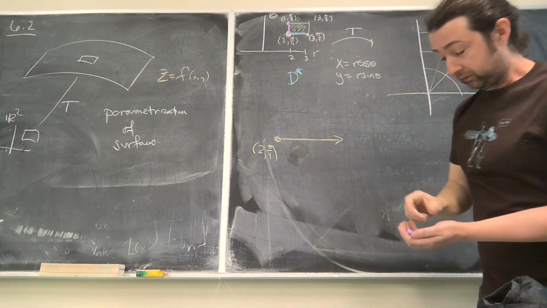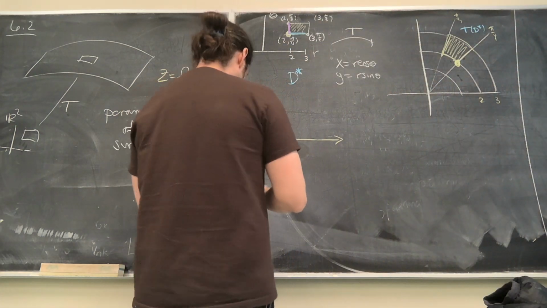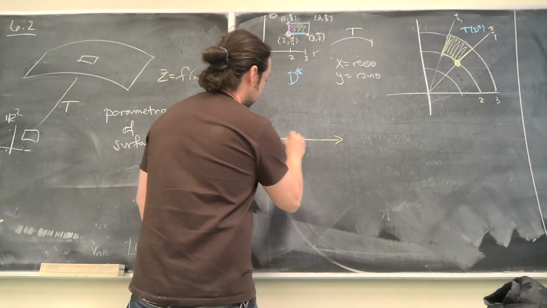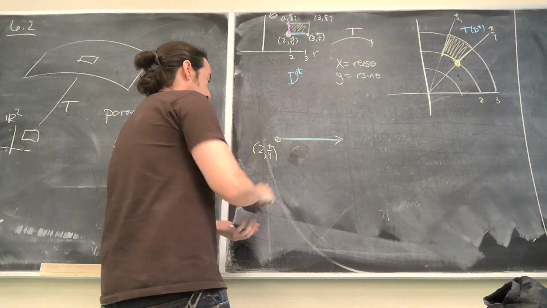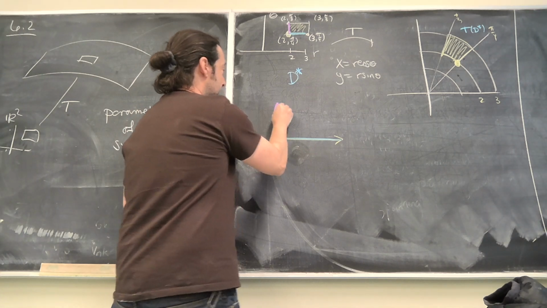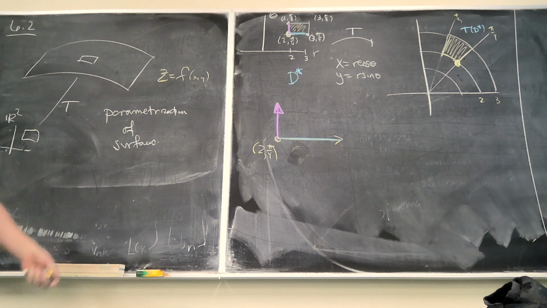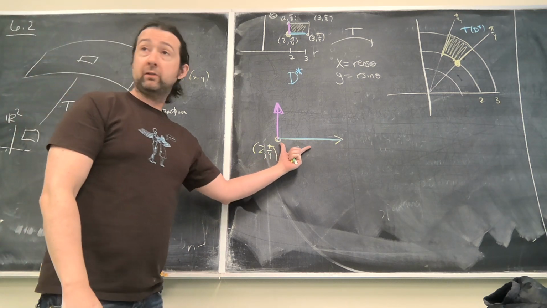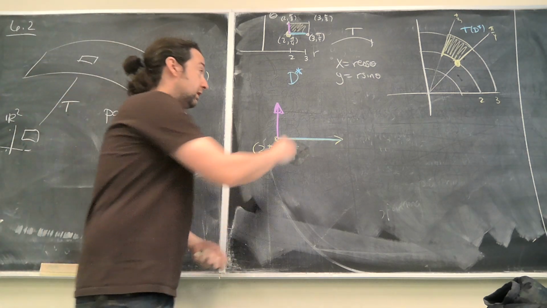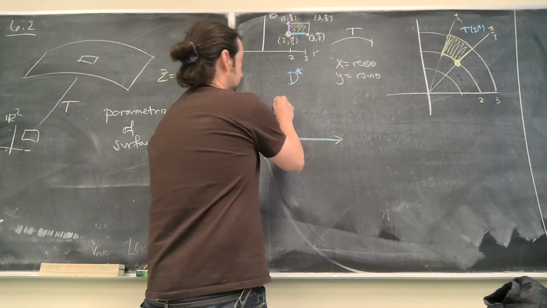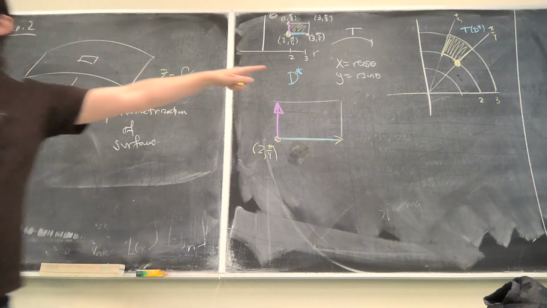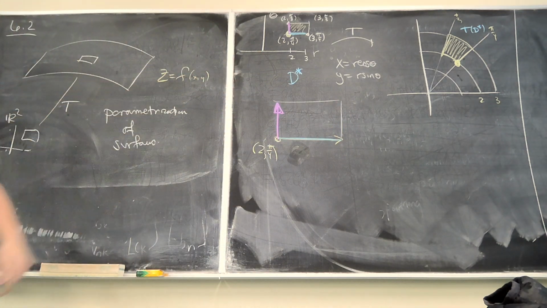So the claim was, if I think about a blue edge right here as one vector and a purple edge as this vector, the claim was that the derivative of the map, the linear approximation, treats this thing like a parallelogram that it's transforming from this parallelogram into a parallelogram that sits in that picture. So let's just see what it is.